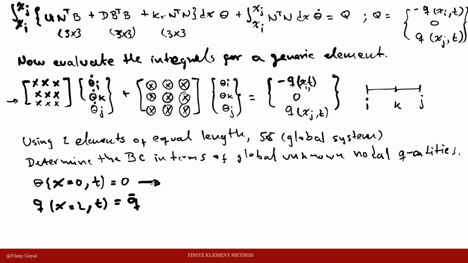If it's 0 at x equals 0 for all time, it means that theta 1 at t is equal to 0.